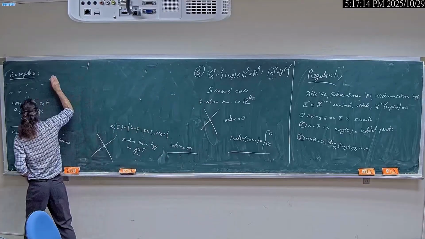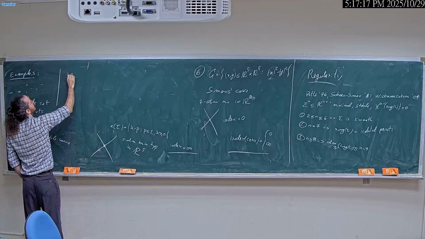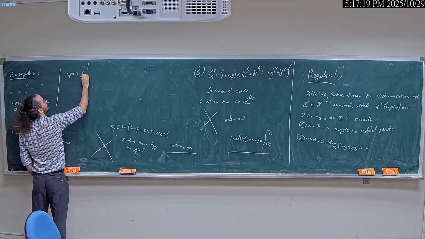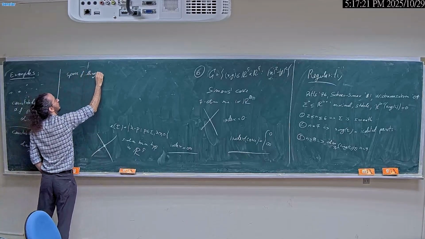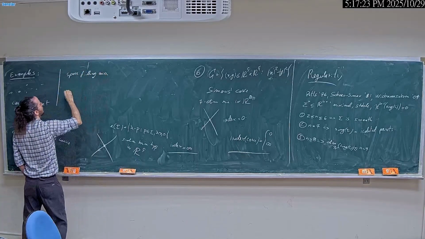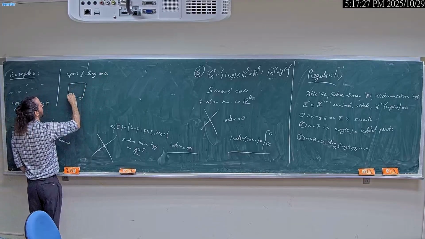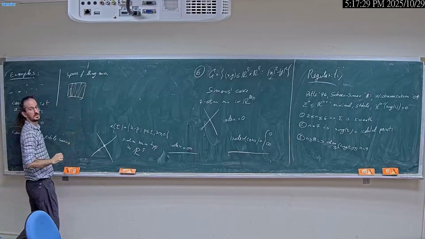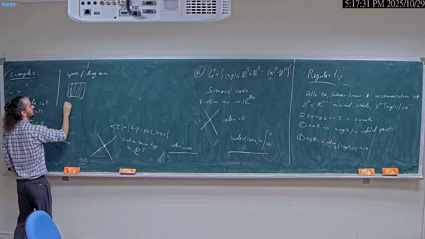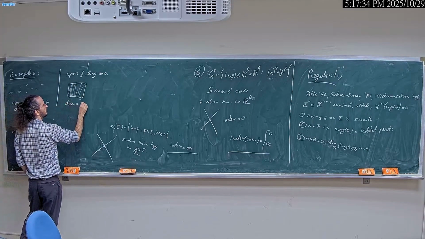And one more example, the space filling curve. The Peano curve, I think it's called. The curve that covers the whole of the square. The dimension is equal to 2.